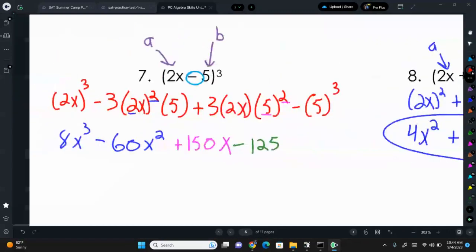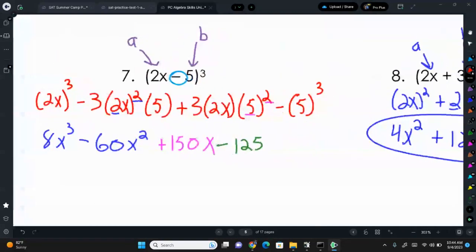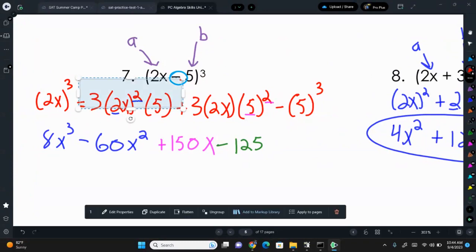So it's going to follow the same pattern with our coefficients and exponents, except this one was a minus, so our first term here was negative.